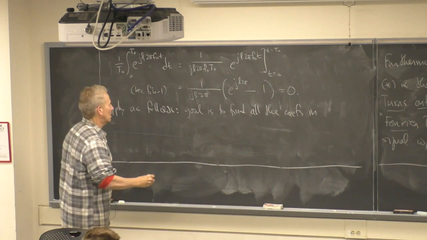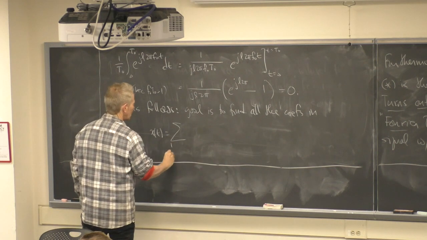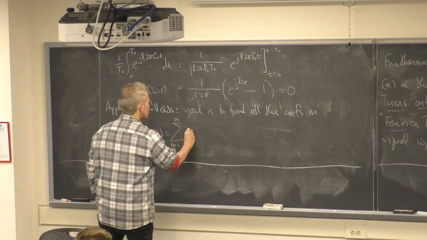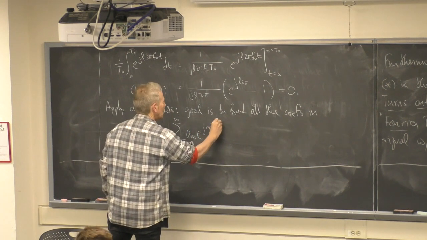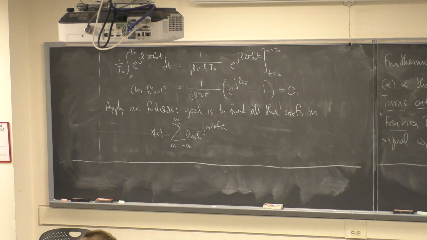Let's just say x of t equals the sum, and I'm going to use m here, from m equals minus infinity to infinity, a sub m e to the j m 2 pi f0 t. So we want to figure out all the a sub m's.